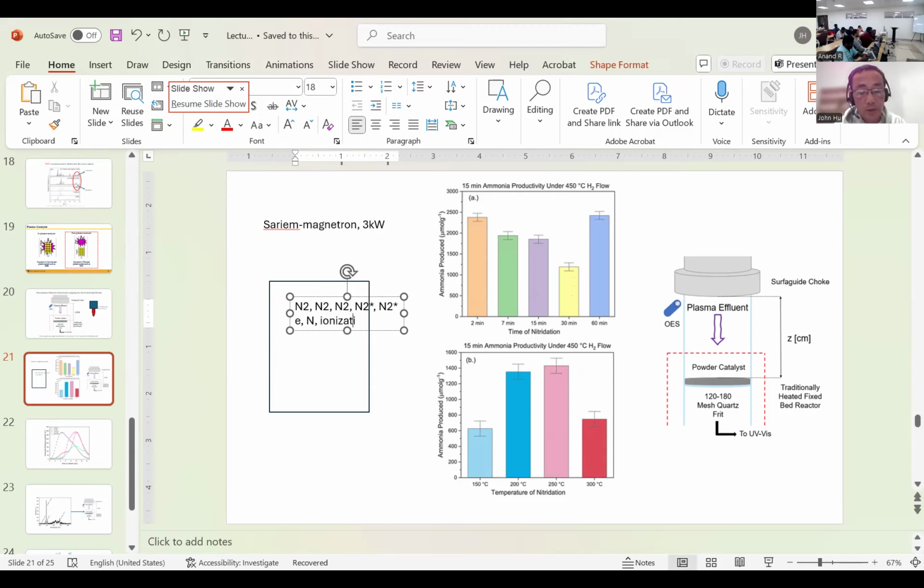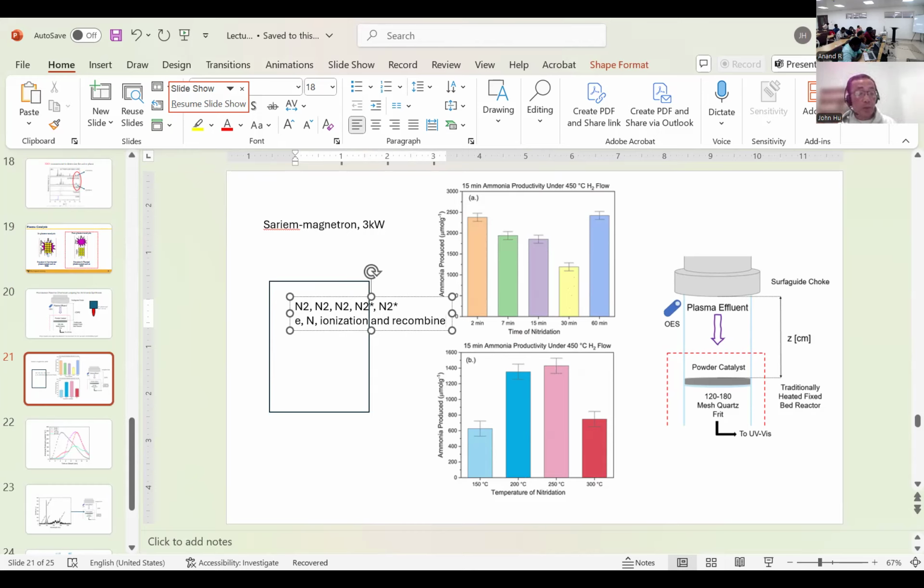So now you understand that they constantly ionize and recombine. If the pressure is high, that means statistically the chance for them to collide is more. If you have 10 molecules in a vacuum, they probably don't collide.